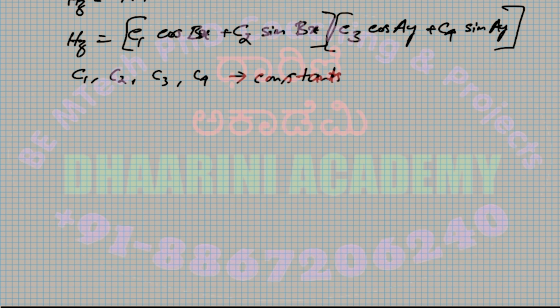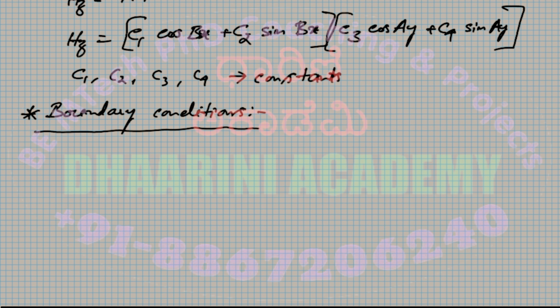Let's proceed. Now our intention is to look at the boundary conditions. Recall the same waveguide which we had written earlier. What is a TE wave representing? Let's write the TE wave once again.